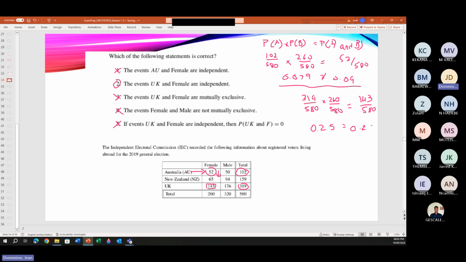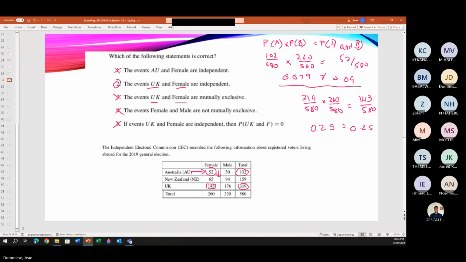Okay, so it is then true that the UK and female are independent, because we've shown that the probability of UK times the probability of female is the probability of UK and female. So they are independent, and that's also why they were not mutually exclusive.